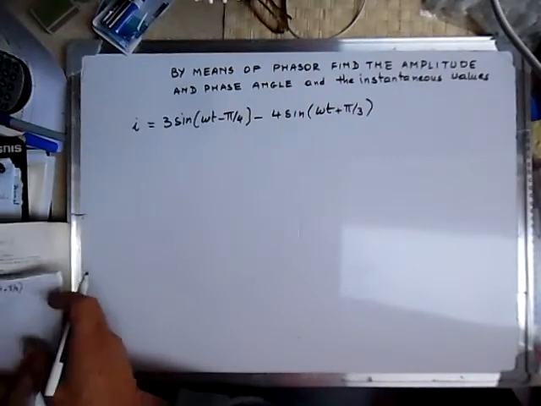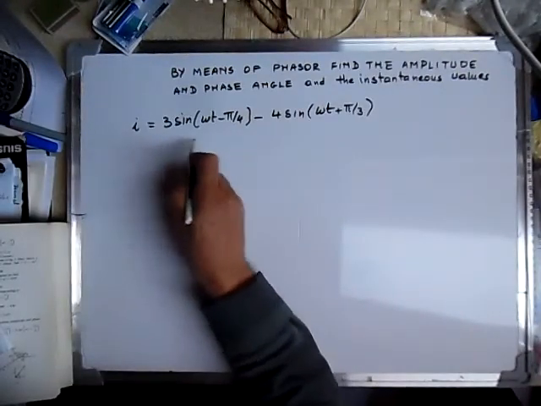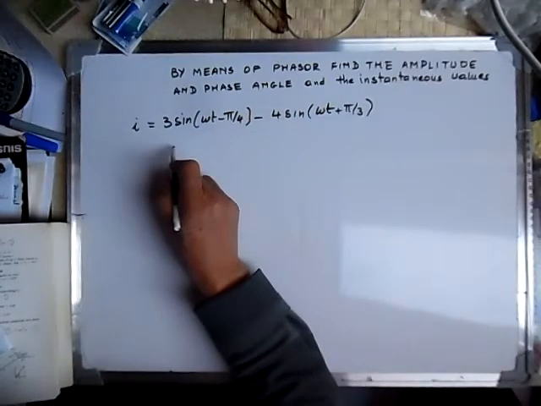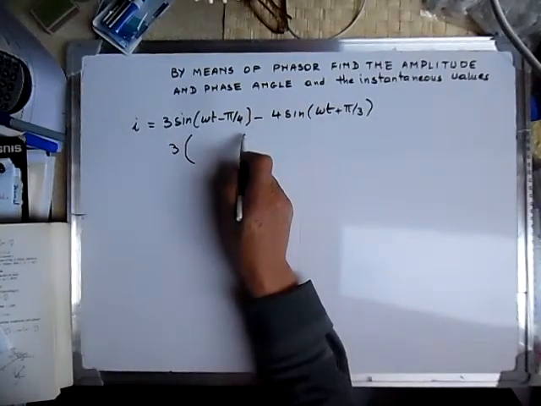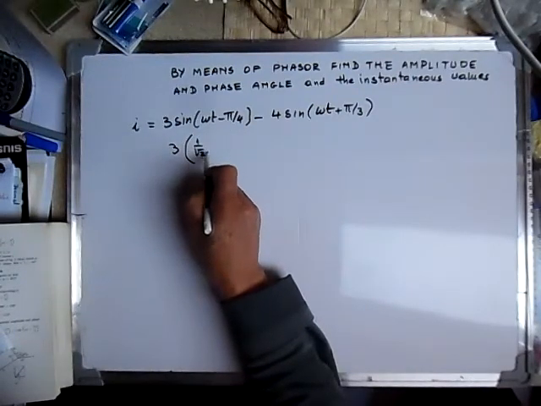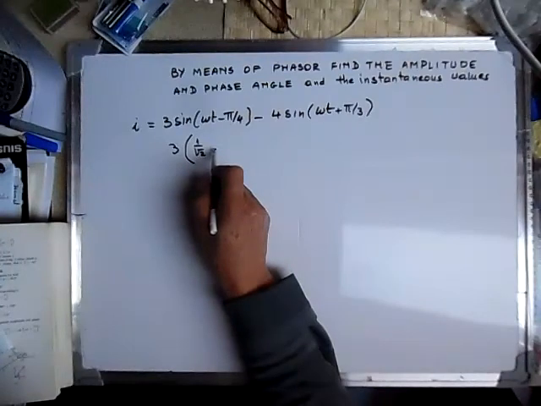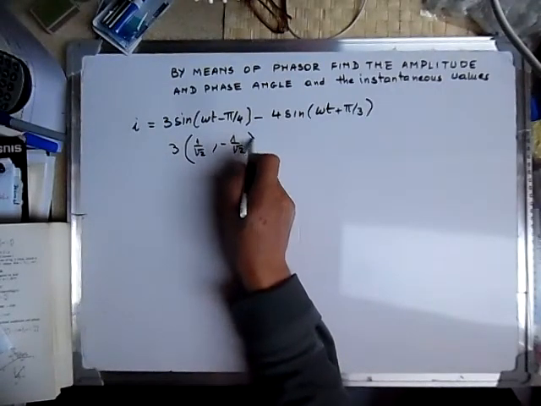So we first take this vector at t0. The 3 here, minus pi over 4, cosine is 1 over square root of 2, and the sine is negative, it's 1 over square root of 2.